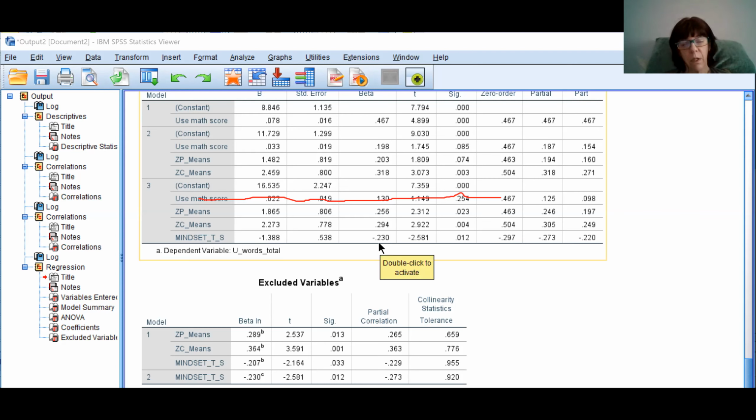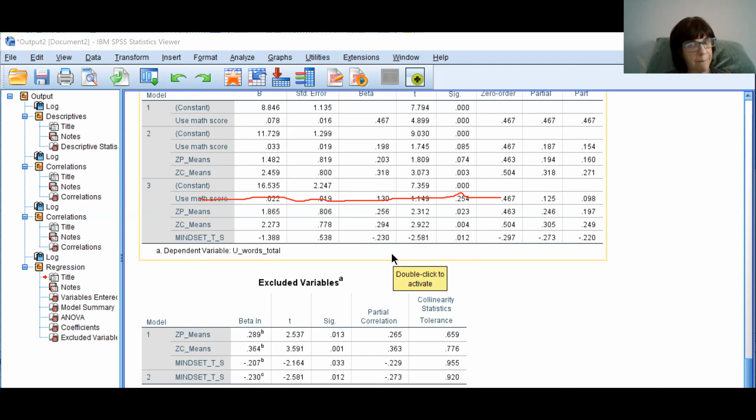For a standard deviation change in mindset towards growth, one would expect about a quarter of a standard deviation increase in language use.